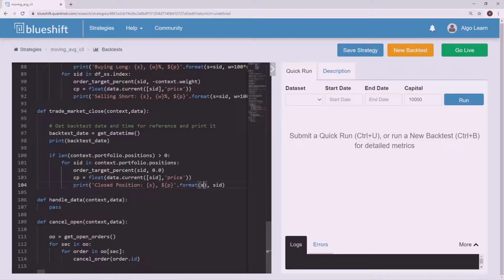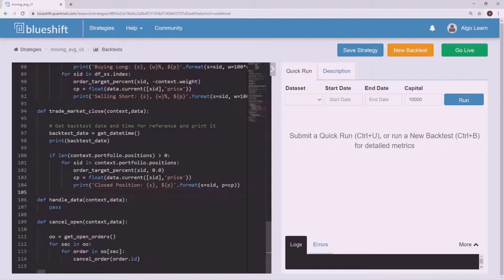We're going to do S equals SID, and then P equals CP. All right, and then we're going to close off our parenthetical, and that should do it for what happens at trade market close.